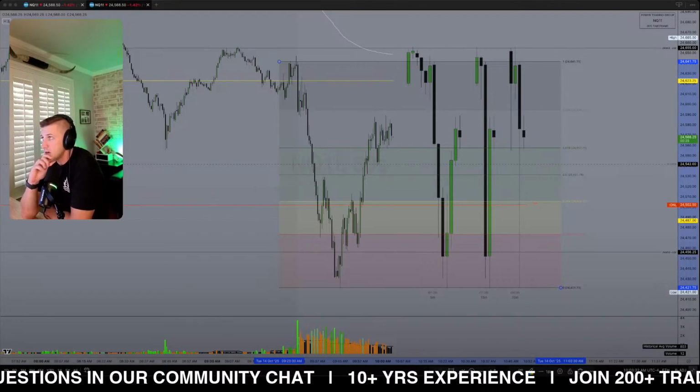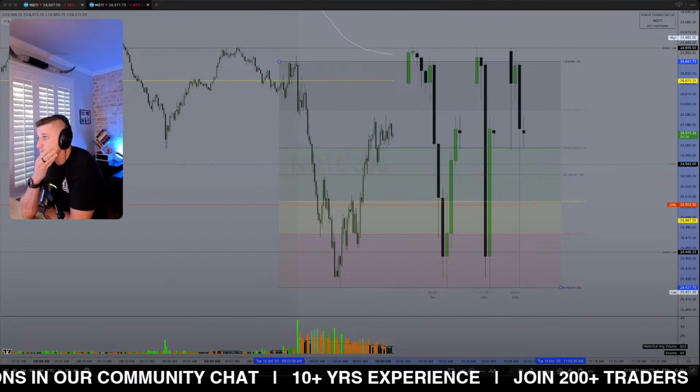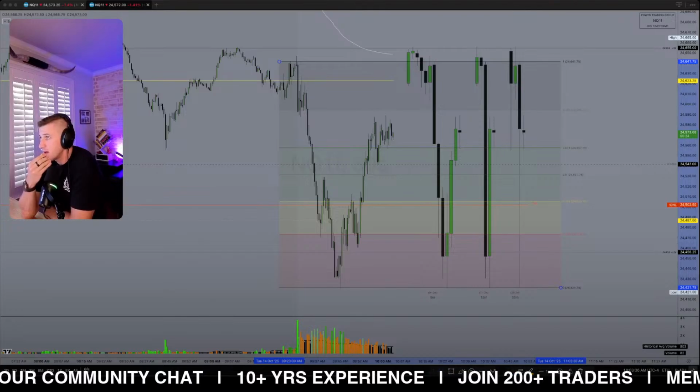So post 10 a.m., little consolidation here. Volume's kind of tapered down.